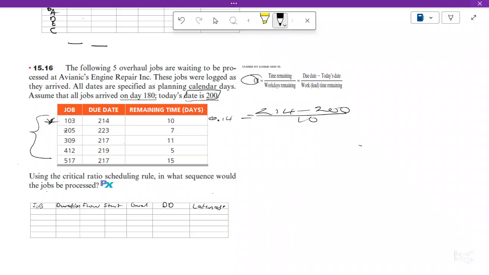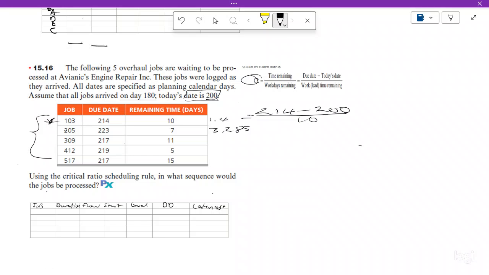So here I have 0.14, and after that it is 1.4. 1.4, followed by changing this number and that number to 2.3, which becomes 2.285. We can make it 2.29 there.